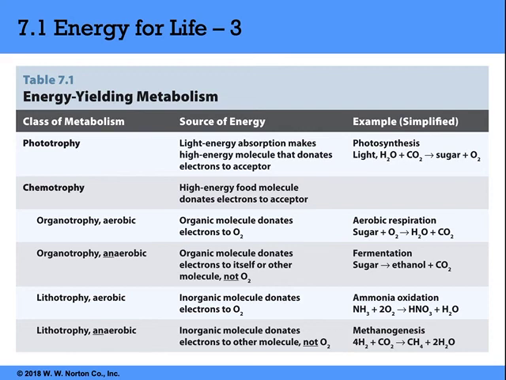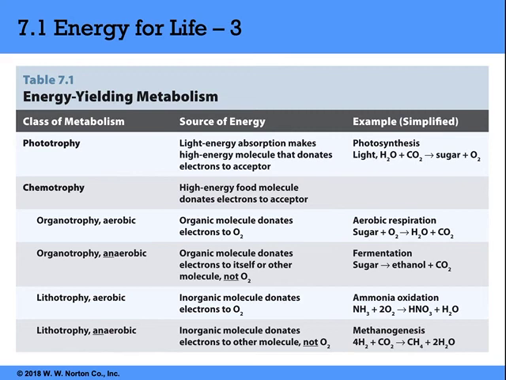In organotrophy, for organisms that are aerobic, they need high-energy organic molecules and oxygen to do their job, and the equation basically looks like the reverse of photosynthesis, but keep in mind that those chemical reactions are carried out by different enzymes and usually in different locations in the cell.